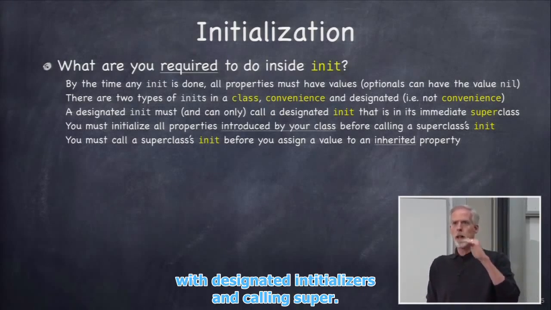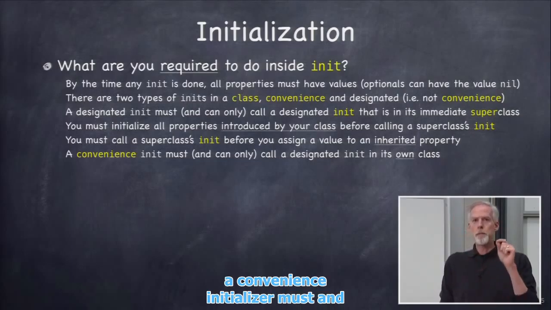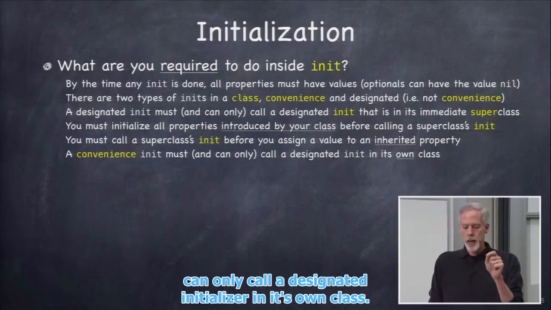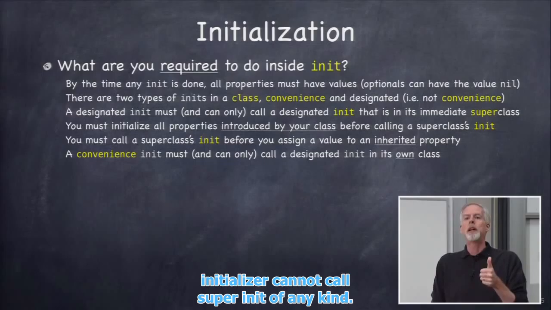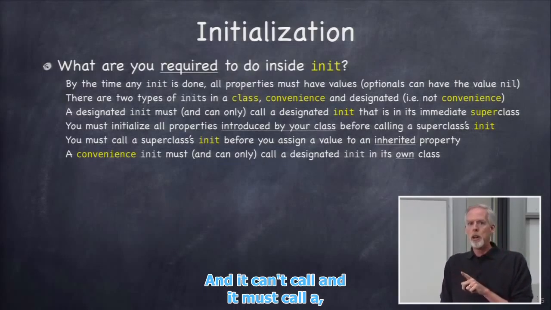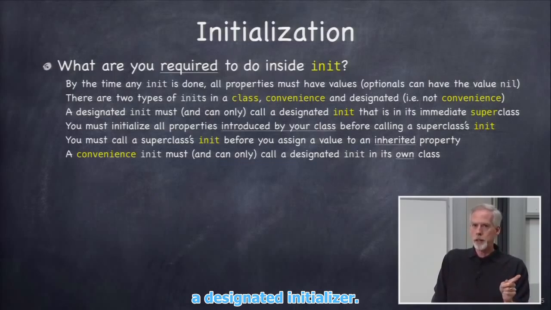All right, now a convenience initializer has different rules. First of all, a convenience initializer must and can only call a designated initializer in its own class. A convenience initializer cannot call super init of any kind, and it must call a designated initializer.